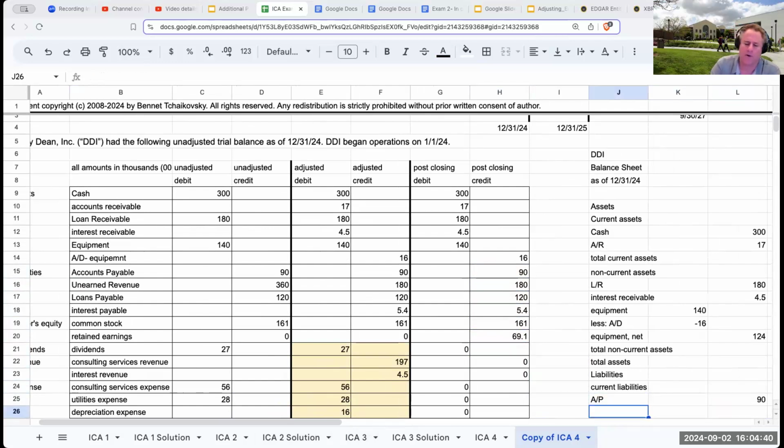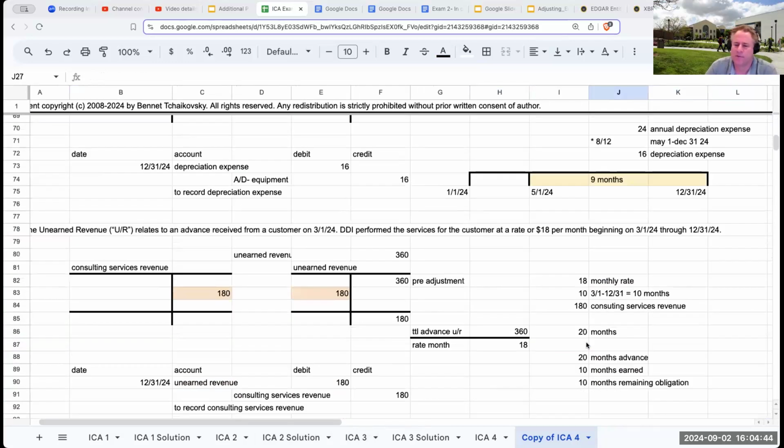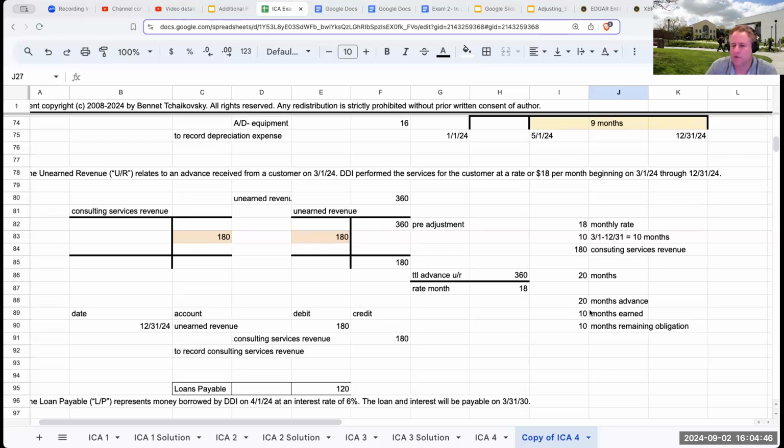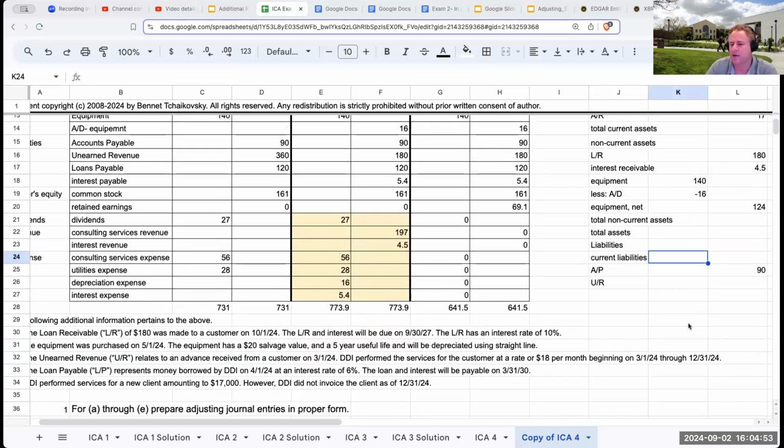What about unearned revenue? When we looked at unearned revenue in the last video, we said that I have 10 months remaining. So that's going to be a current liability because we're going to be satisfying that unearned revenue in the next year, or the next 10 months.